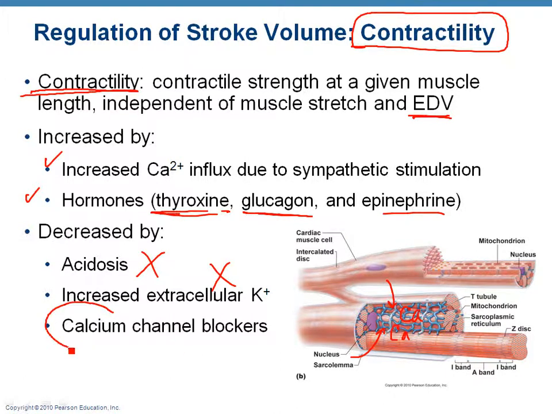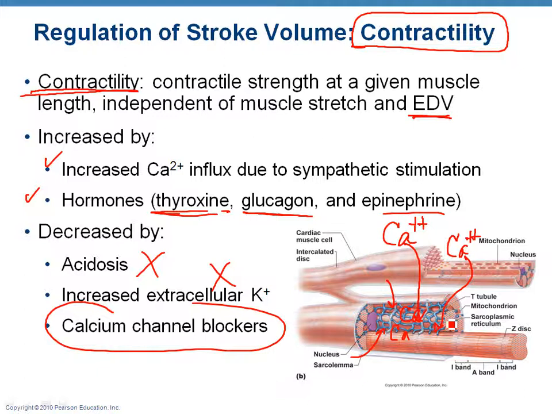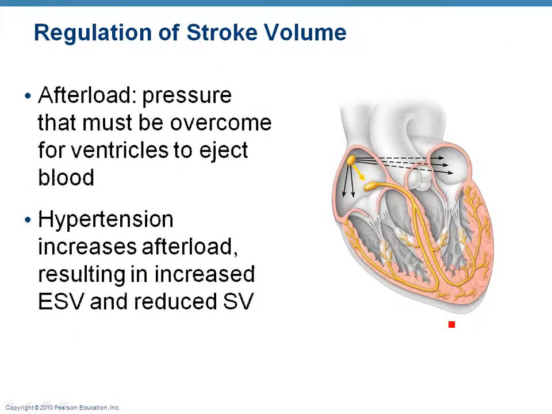And then drugs, maybe you know somebody who's taking a calcium channel blocker. Those are drugs that block the influx of calcium ions into the cardiac muscle fibers, which can lead to weaker contractions. All right, so that's contractility.